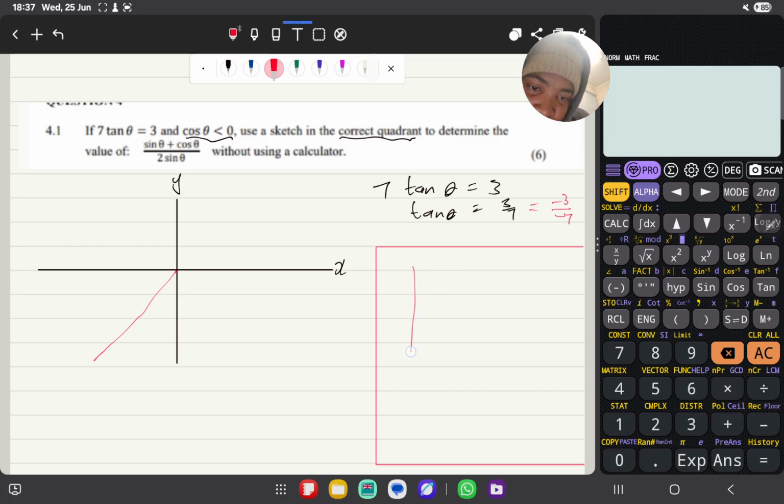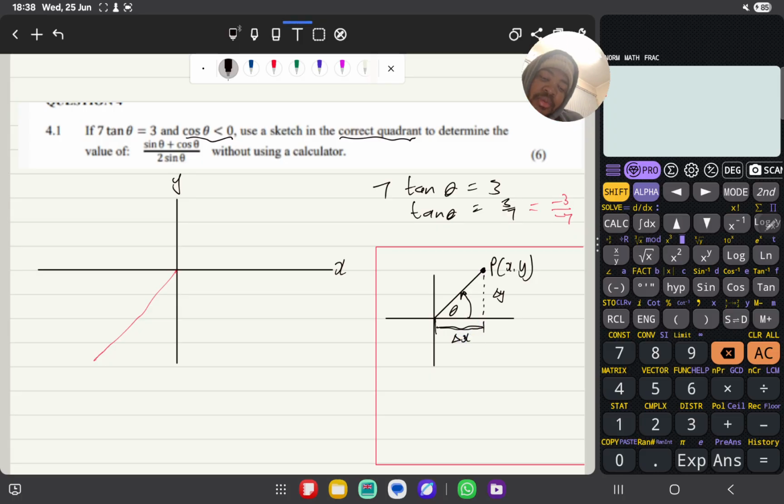So this is just a sketch of our Cartesian plane. You would have a point here called point P, and this point going anti-clockwise gives us an angle called theta, with coordinates x, y. Then you have this dotted line which represents change in y, and this distance here represents change in x.